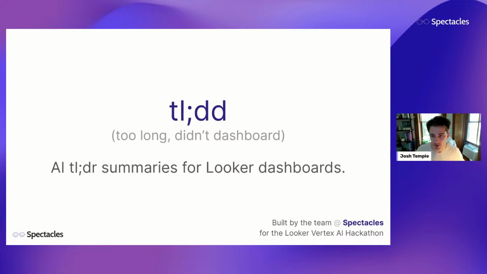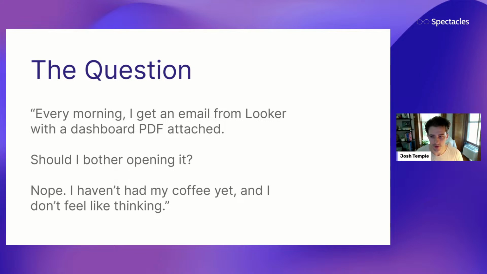So I'd love to show you what we built, and Dylan's going to give a demo in a bit and talk about how to set it up in your own GCP project. What we built was motivated by this problem that we often experience as people who consume Looker dashboards in a scheduled format. You get this email from Looker with a PDF of a dashboard attached.